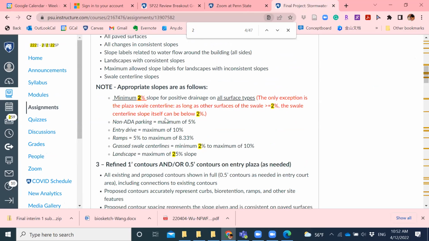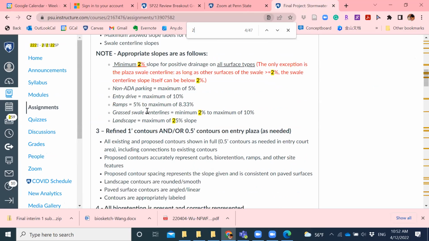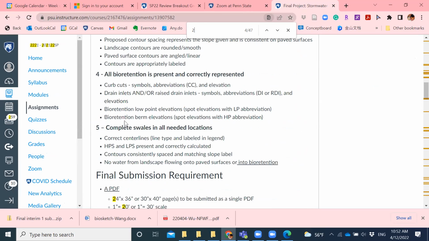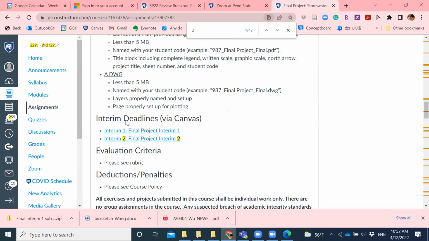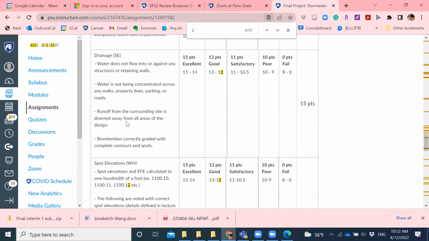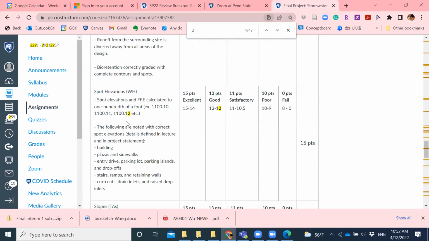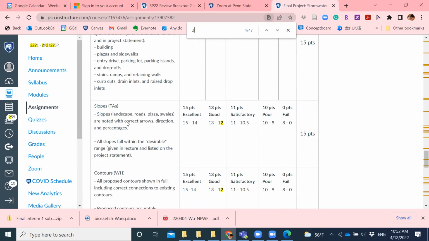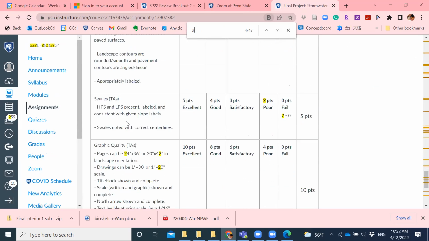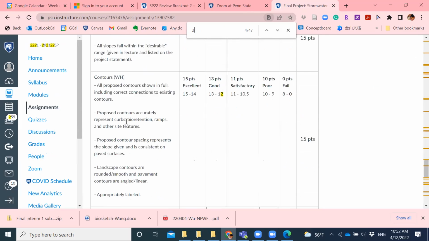Okay. Entry, grass, landscape. It didn't line up.